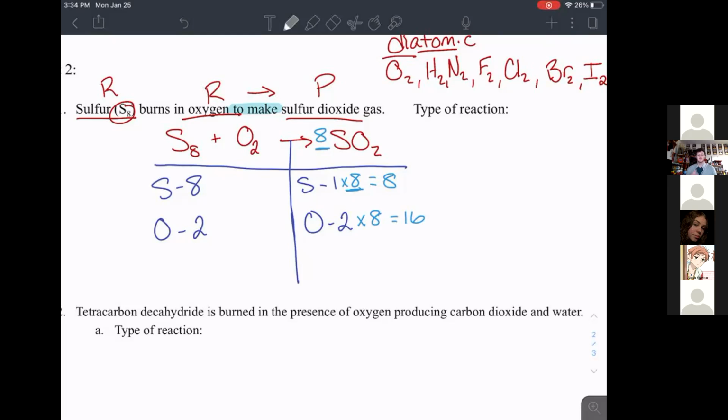No. So how do I make my oxygens match? Multiplying by 8. Perfect. Multiply this by 8, which gives me 16. And this 8 will go up here as a coefficient. Now my sulfurs and oxygens, everything matches?